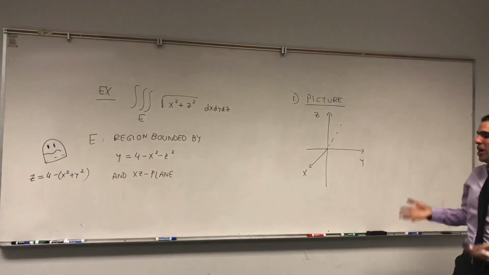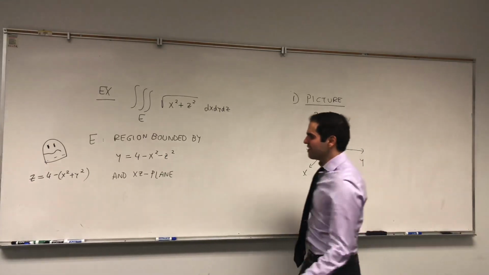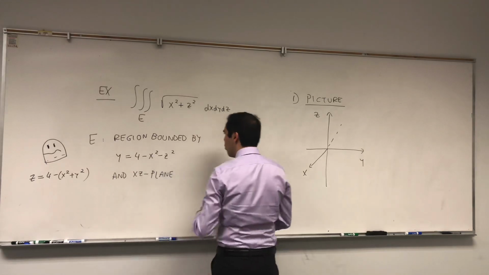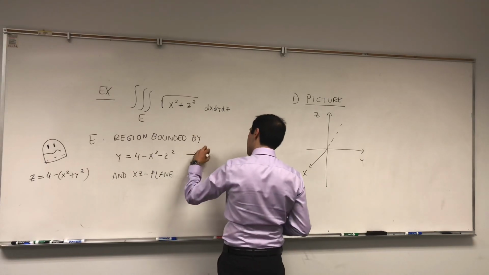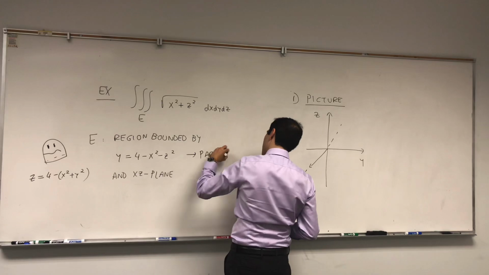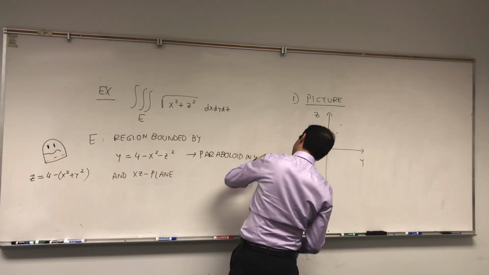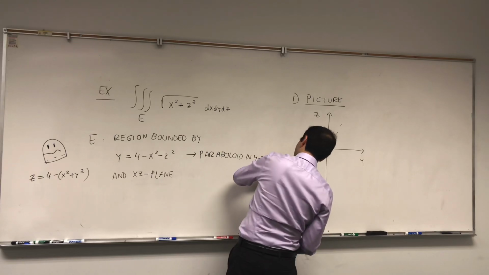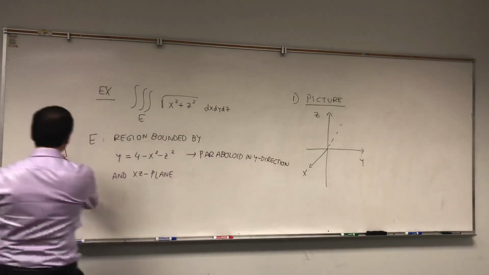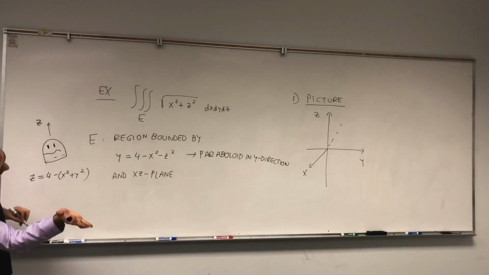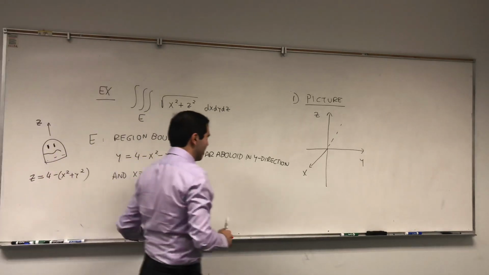But this time, what's interesting, it's a paraboloid, but in a different direction, namely the y direction. So what you would do, you would draw this in the z direction, but this time facing the y direction.